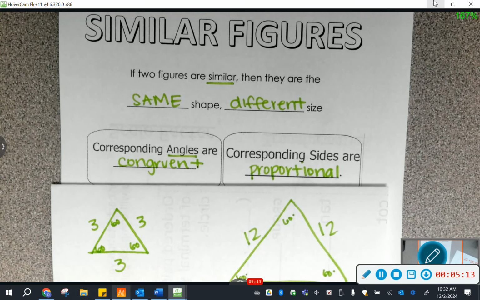Same amount each side. So, has anybody ever bought a shirt and it was too small? So you went a size up and it got wider, but it was too short. Has that ever happened to anybody? Right? So they did not proportionally make the shirt bigger. They just made the shirt wider. It's really annoying when that happens.